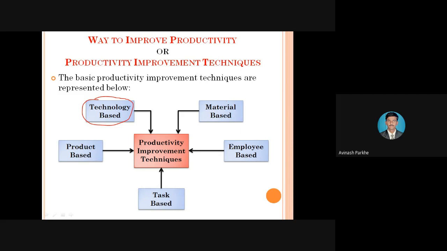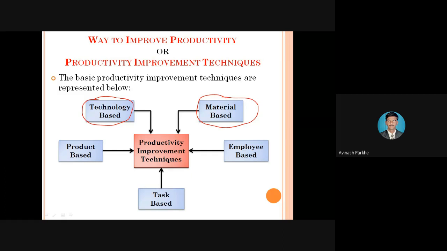Then second is material based. Now what is meant by material based? Whatever raw materials are converted into finished goods, during that conversion we have to go for proper material planning and its control. Sometimes raw materials are converted into finished goods, but during that conversion the maximum wastage takes place.